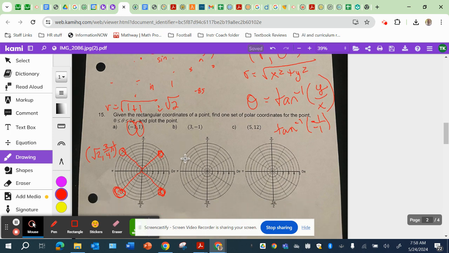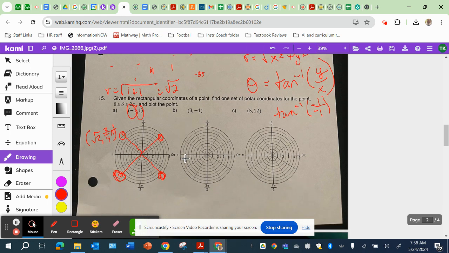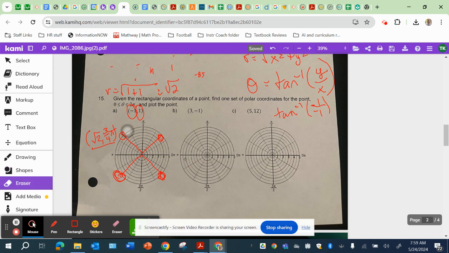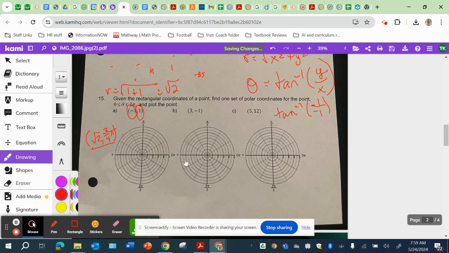And so it says find one set of polar coordinates for the point and plot the point. So you have a point right here. To plot it on this weird little thing, it's going to be on this axis, and square root of 2 is a little bigger than 1, a little less than 2.